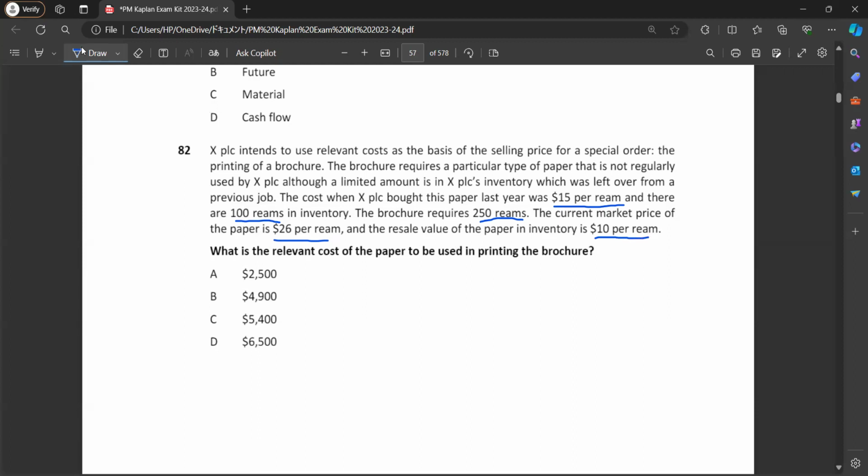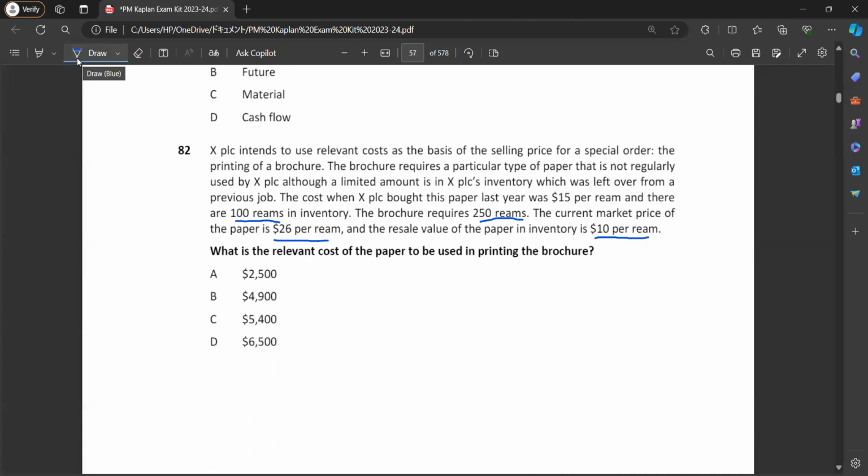See, whatever XPLC bought this for last year, $15 per ream, is not relevant cost. It is irrelevant because it is last year's price, a historical cost. There are 100 reams in inventory, but the brochure requires 250 reams. So how many more reams do they have to purchase? 150 reams.